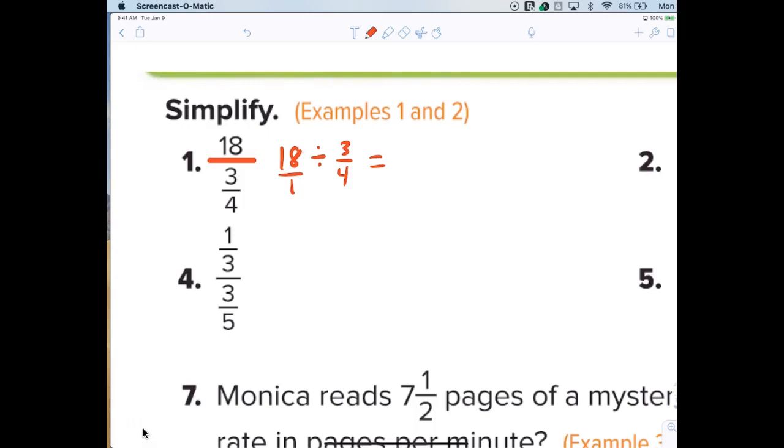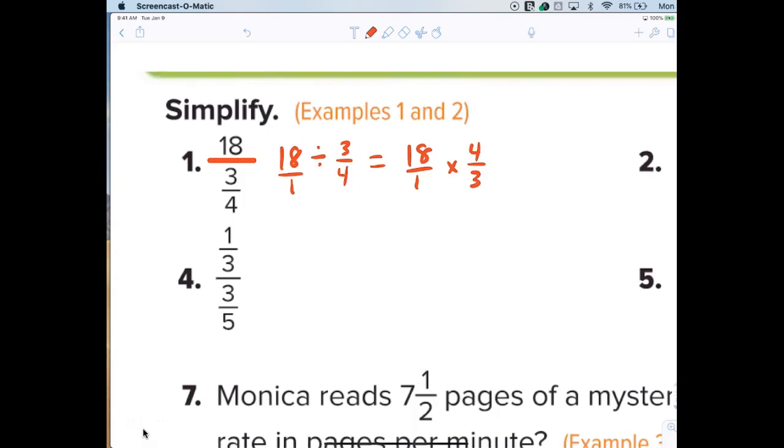Then you do the reciprocal, okay? So we've talked about this, and it's no big deal if you forgot. That's why we're doing it again. Division changes to what? And then you do the reciprocal, which is what? 4 over 3. All right? Good with that?